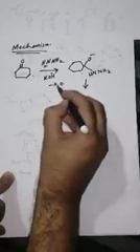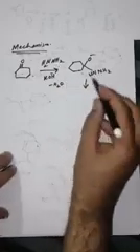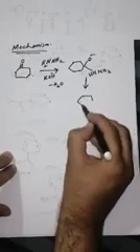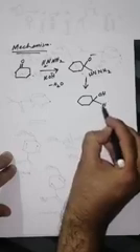Water is leaving, and you get this compound. This oxygen picks up a hydrogen from the solvent and we get a neutral intermediate that is called amino alcohol.